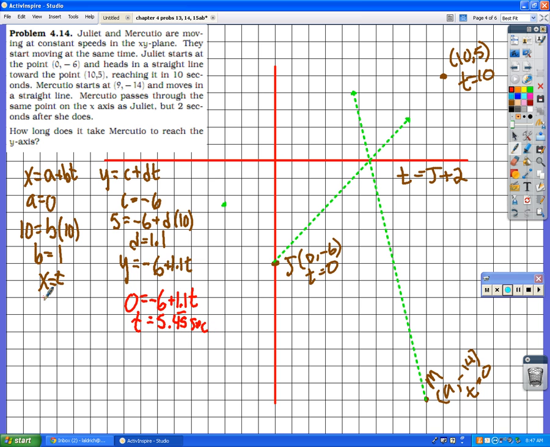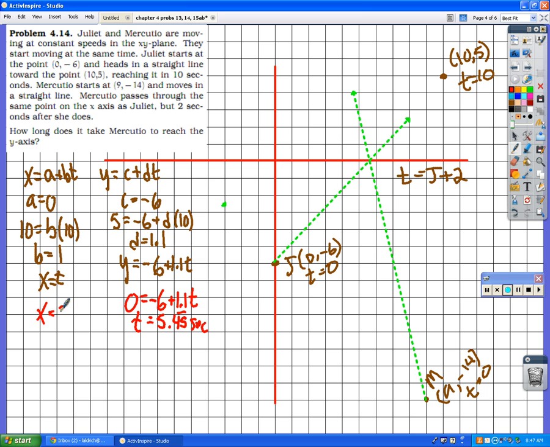Okay? Well, no, it's 4545. It's 5/11ths. Okay, so if she crosses the x-axis at 5.45 seconds, where does she cross it?